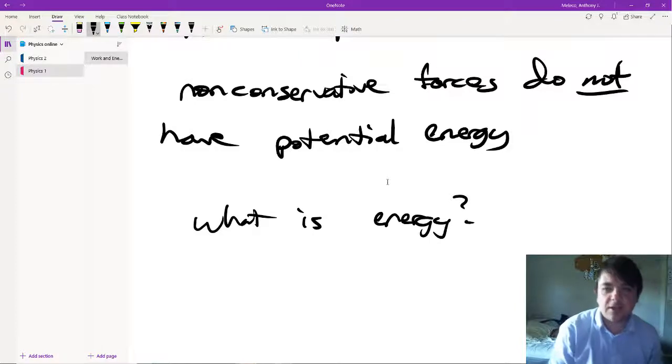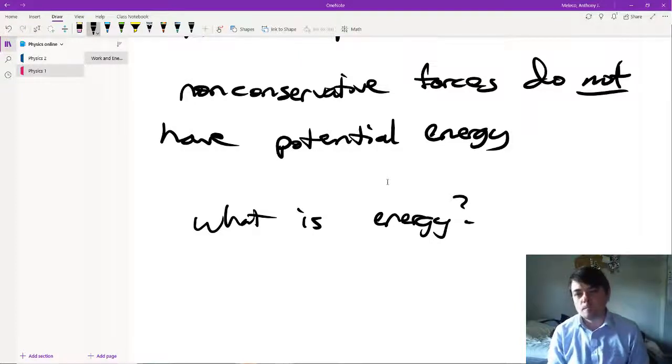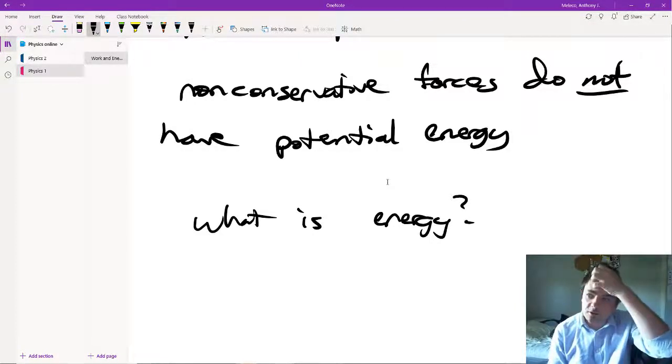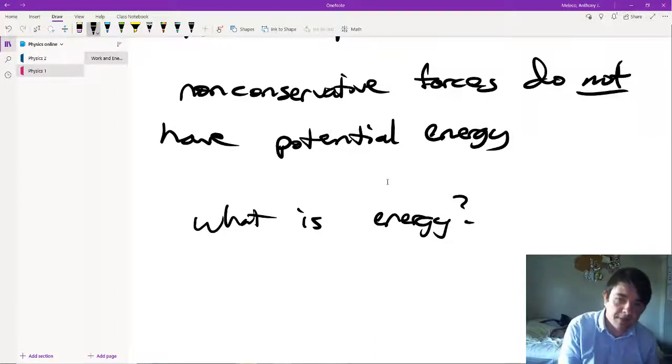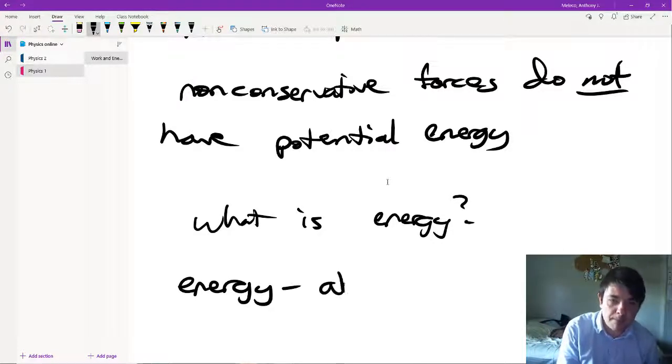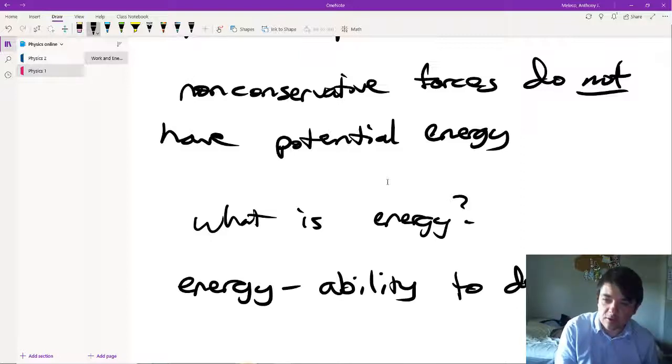So we've talked about what work is, but we've defined work in terms of velocity and other stuff. Energy, the physics term, is defined as the ability, you guys may hate me for this, to do work.